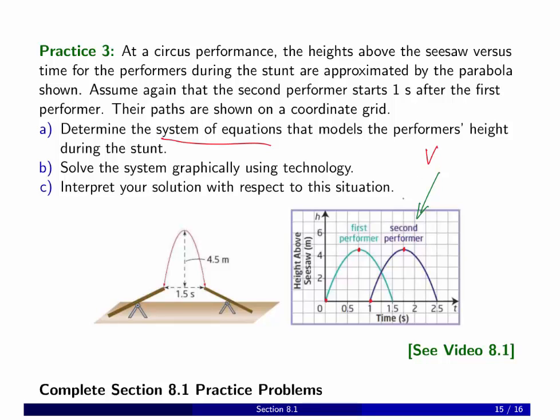The vertex for this first one appears to be 1 and 4.5. That's for the first one. For the second one, the vertex appears to be... I apologize, it's not 1.